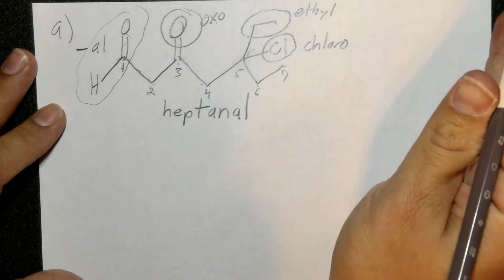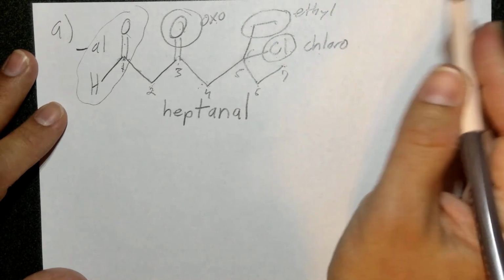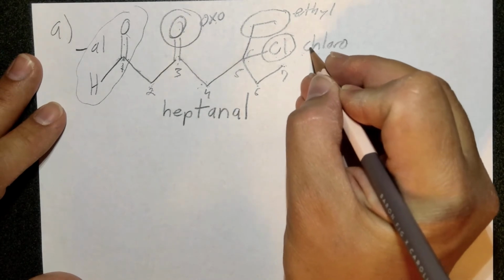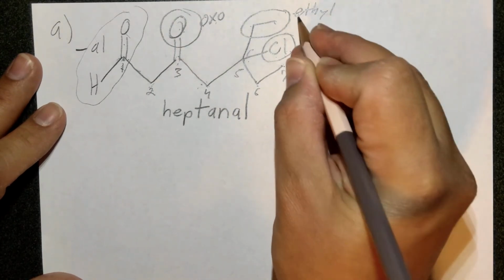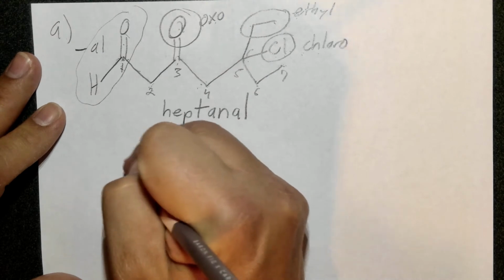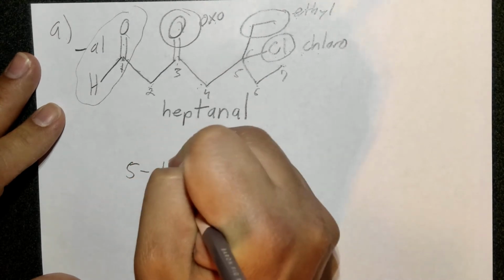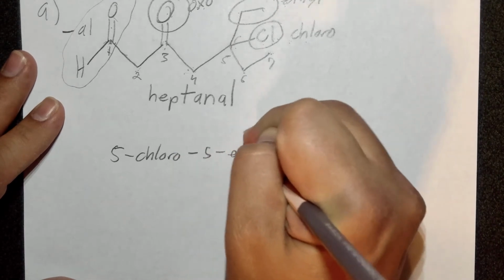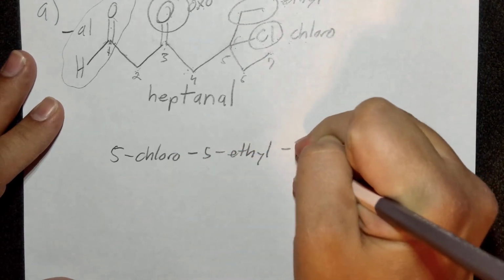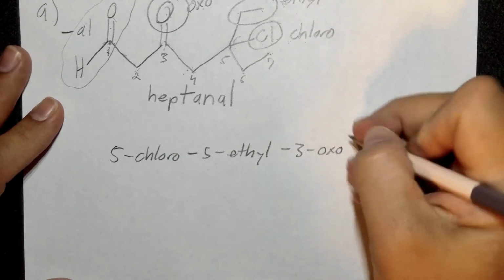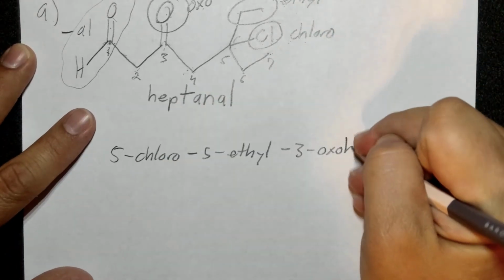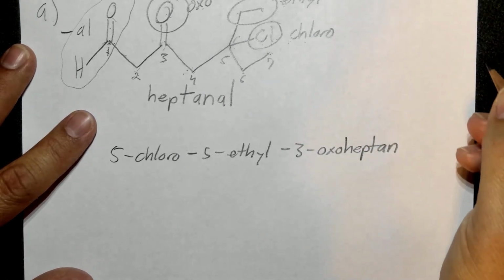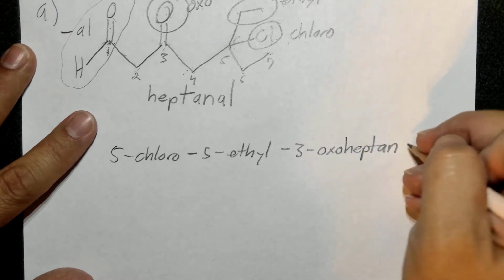Now, what order do we put them in? It's not numerical, it's alphabetical. So it's O, E, C. And so here, we do C first, then E, then O. So it becomes 5 chloro, and then 5 ethyl, and then 3 oxo, and then finally the parent name that we figured out is hept, and then an, because there's no unsaturation, and then al.